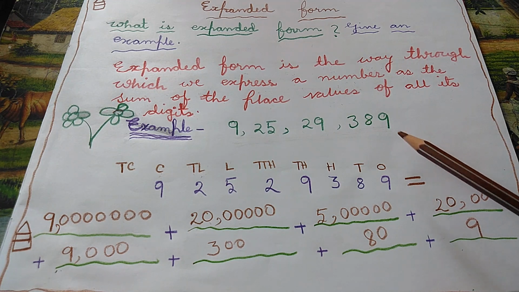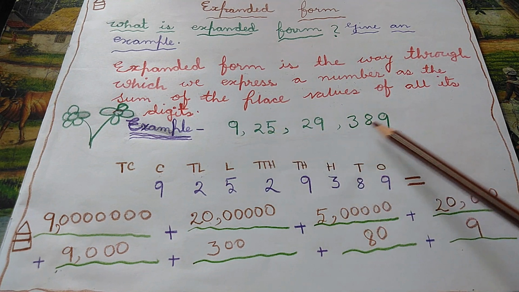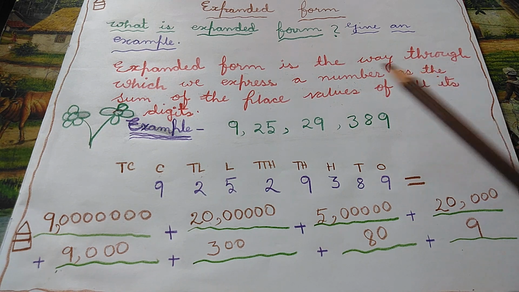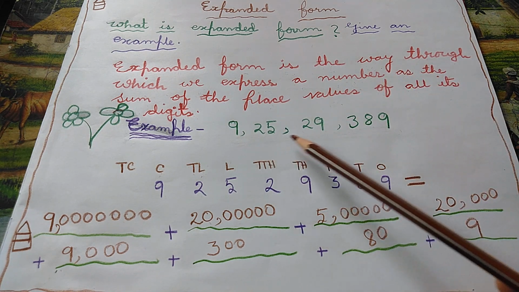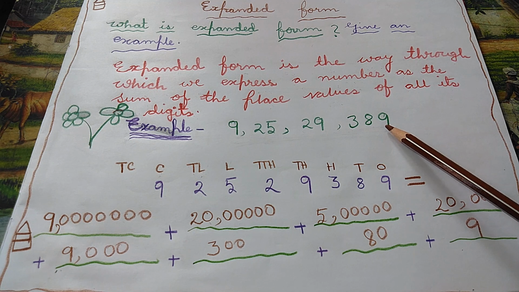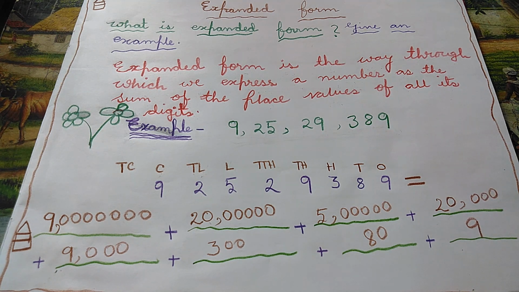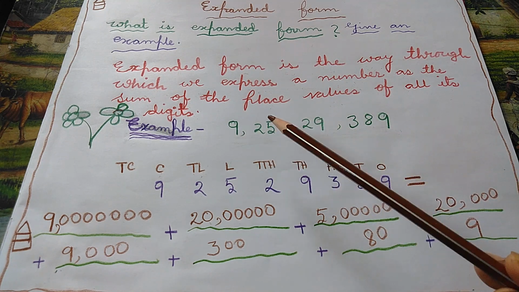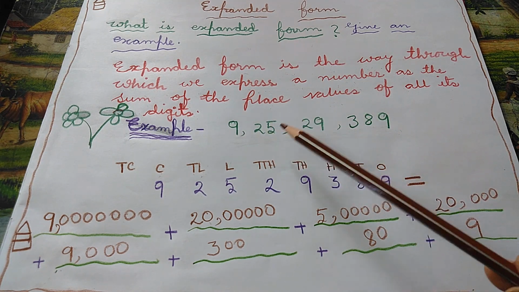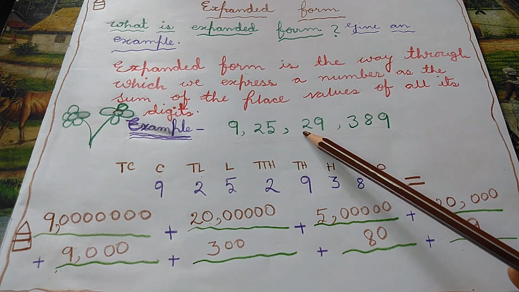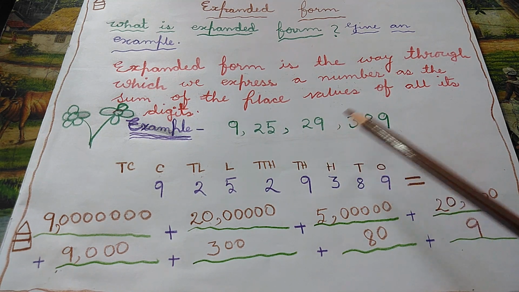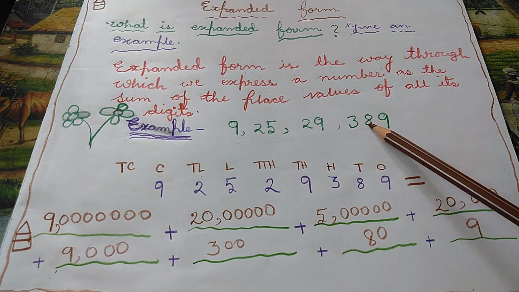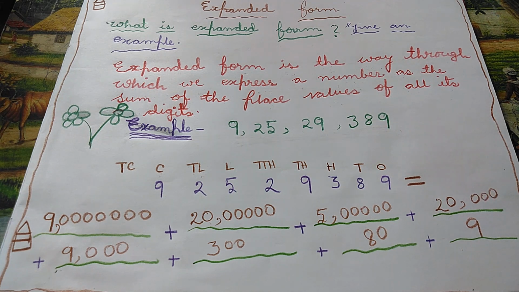So what is the expanded form of this number? The expanded form of this number is the sum of the place values of 9, 2, 5, 2, 9, 3, 8 and 9.